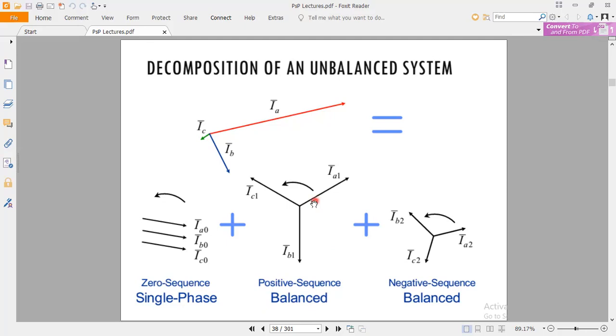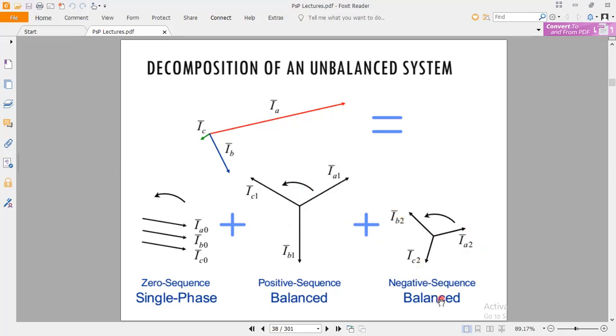Every phase of current or voltage has a phase difference of 120 degrees from each other. Similarly, a negative phase sequence changes the rotation of phases, A1, B1, C1 and A2, B2 and C2.